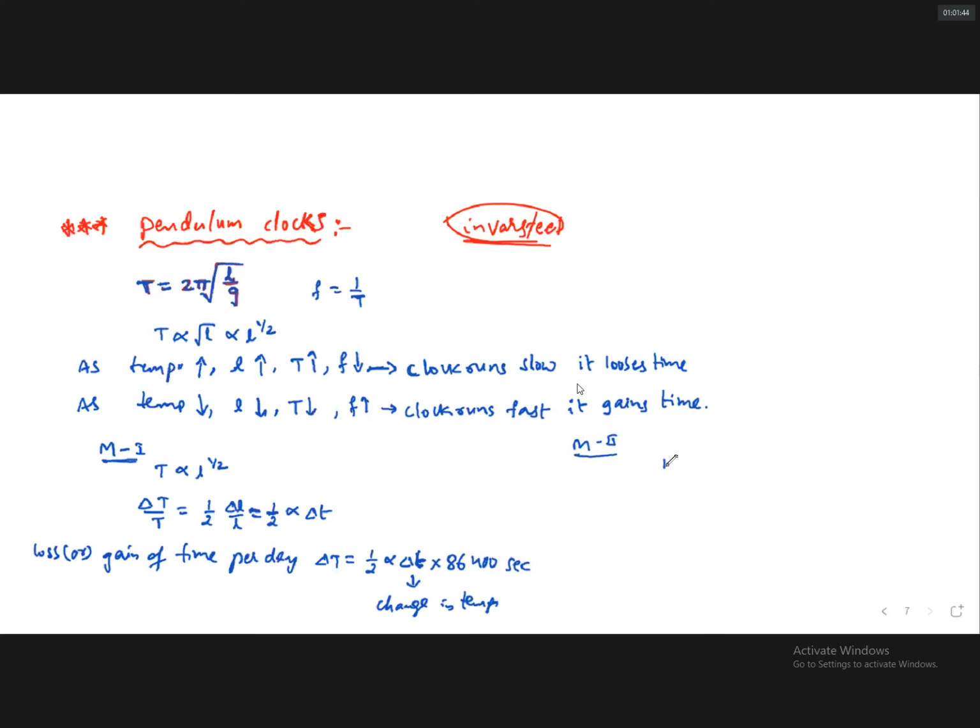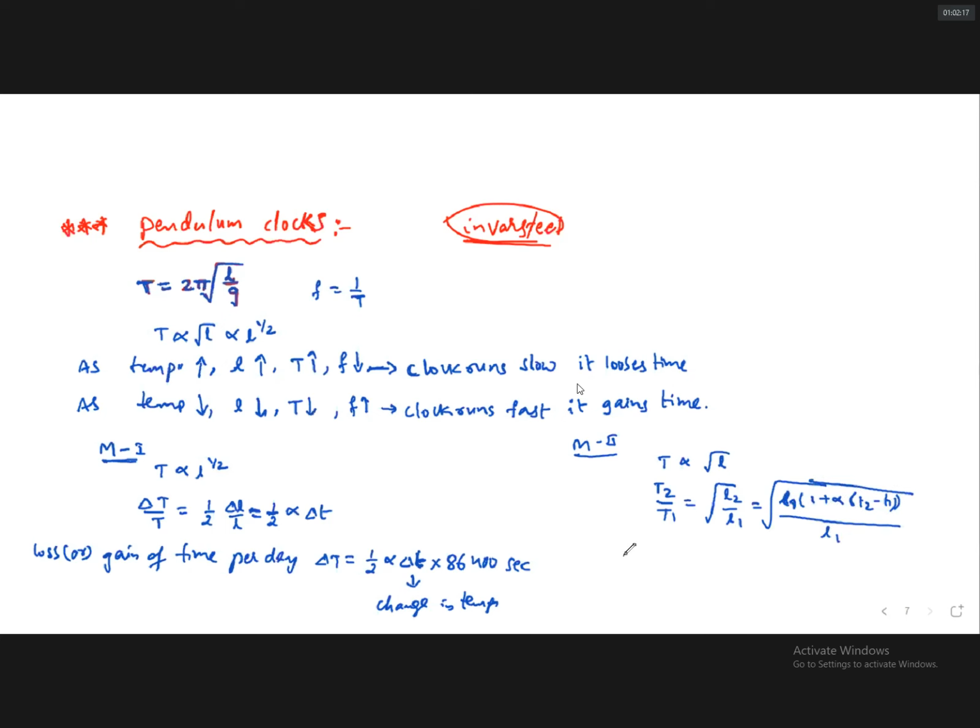Now in method 2, the change in temperatures are large. If change in temperatures are small, we can use fractional error. If change in temperatures are large, we get T2 by T1 is equal to root over L2 by L1. L2 can be written as L1 into 1 plus alpha into T2 minus T1. L1 gets cancelled.